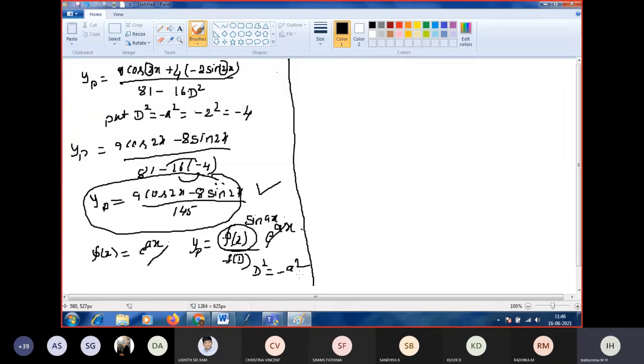Did you clear? Now substitute yc and yp in equation 1. That's very important, that is 1 mark for the substitution of yc and yp.